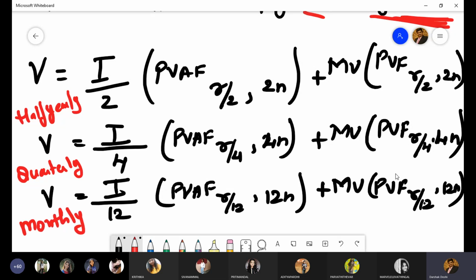Everyone please copy down these formulas. Monthly, quarterly and half yearly, copy down. Then we will start with the solution. I hope you must have got the hint of what we are supposed to do.